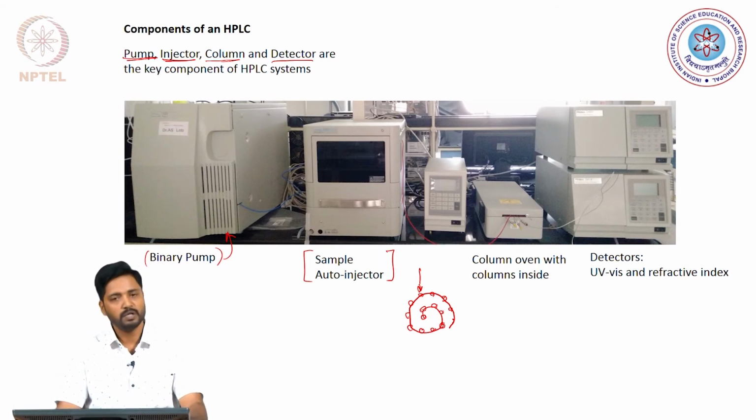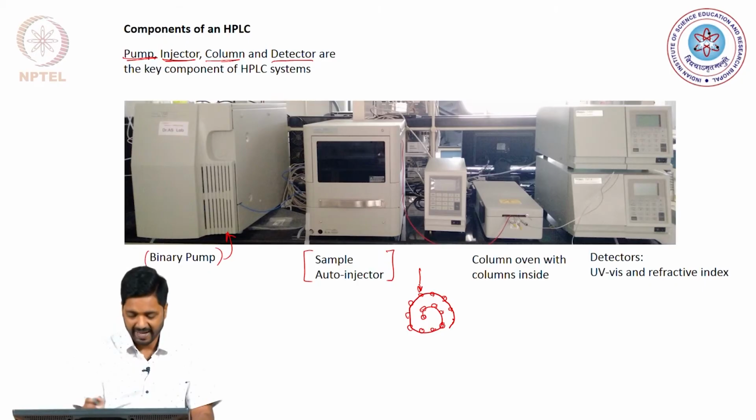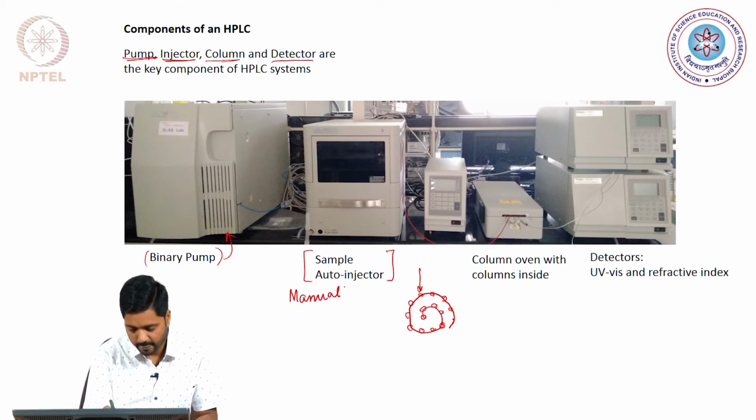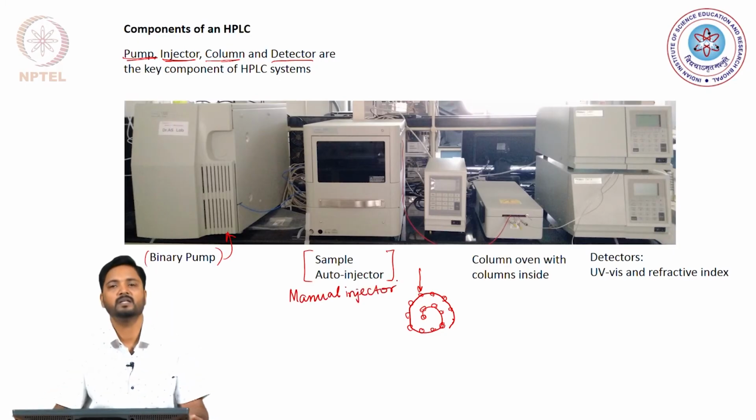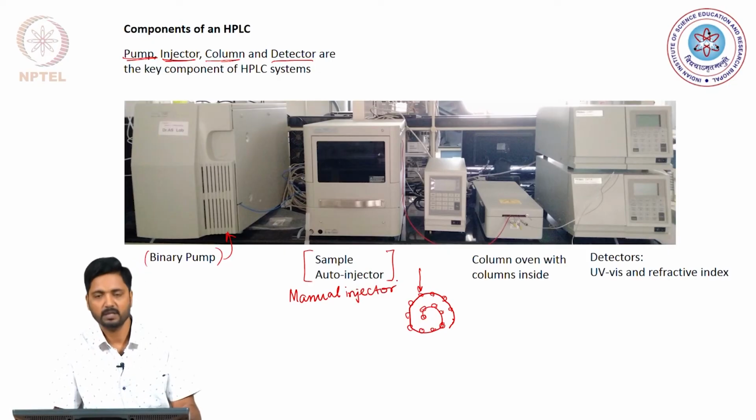So, this auto injector, as the name suggests, injects the sample automatically into the HPLC system. One can also have what is known as the manual injector, where the injection of the sample is done manually by using a low volume syringe.